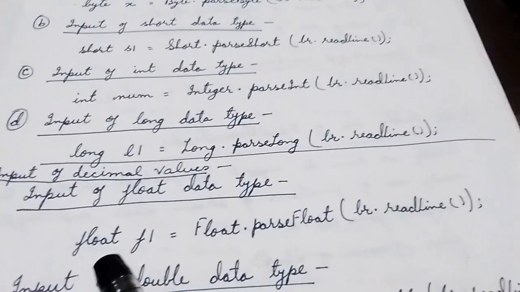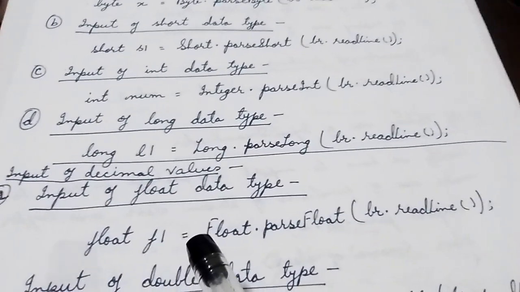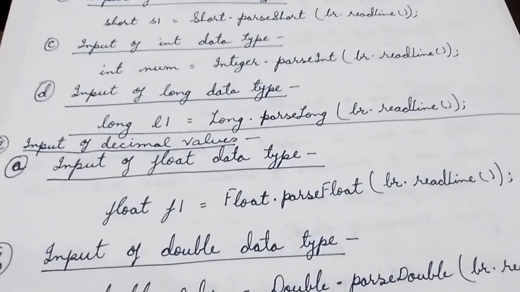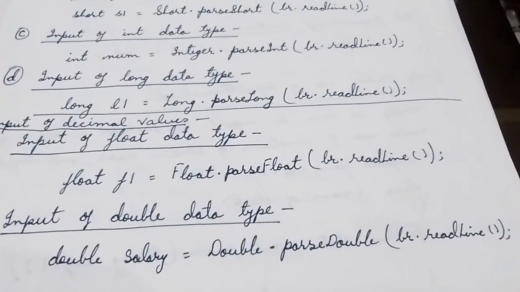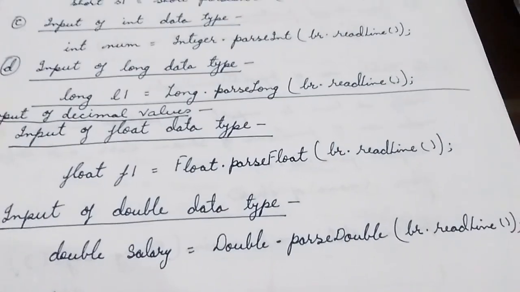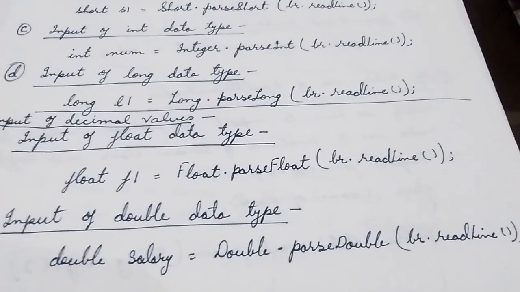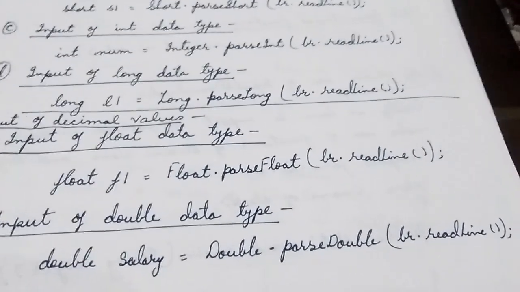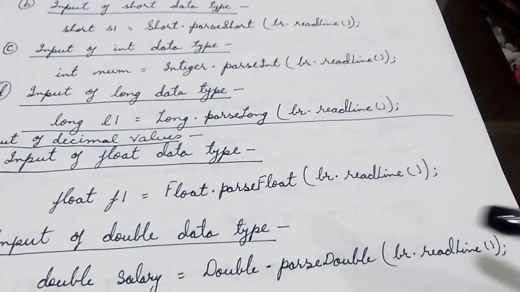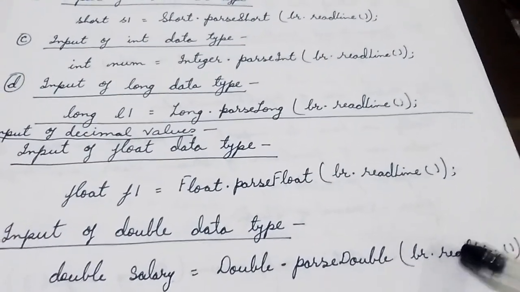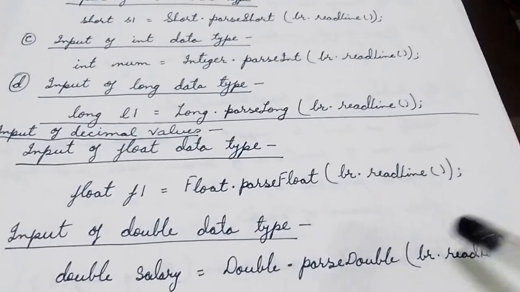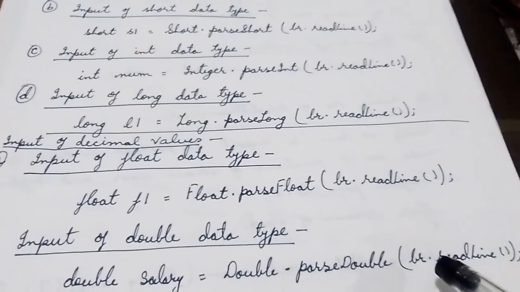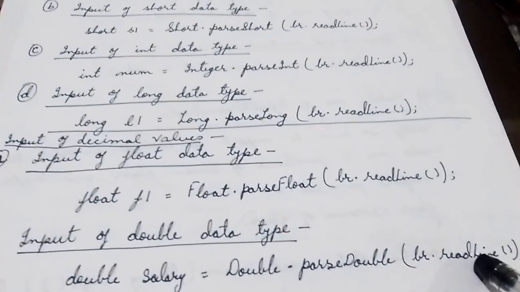So for the float, it will be float f1 equals Float.parseFloat(br.readLine()), and for double, it will be double salary, or any name that you want to give as a variable name, equals Double.parseDouble(br.readLine()). Instead of br.readLine(), you can pass any variable also which is having the double value of the salary, but it is in string, because it always reads the data in string.